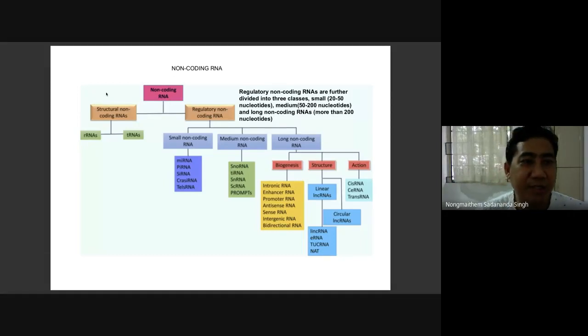Structural non-coding RNAs, as we all know, are classified into rRNAs and tRNAs. We talked a little bit about them during our protein translation classes. These two classes are well characterized and have been studied well, and the structures, even in the ribosomes, have been solved.